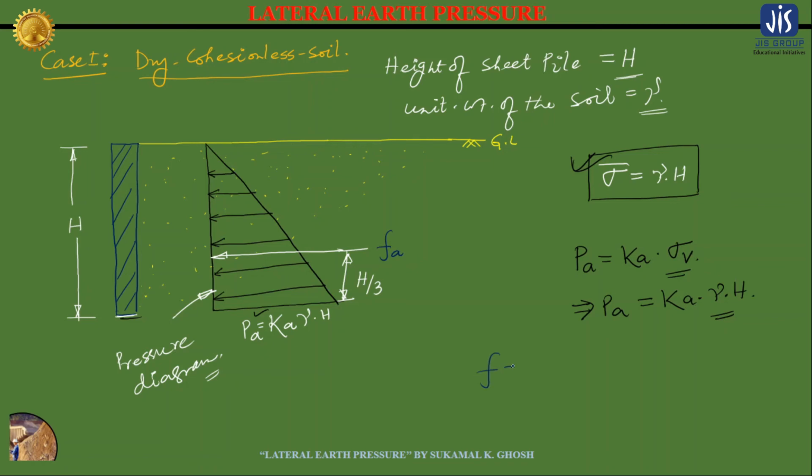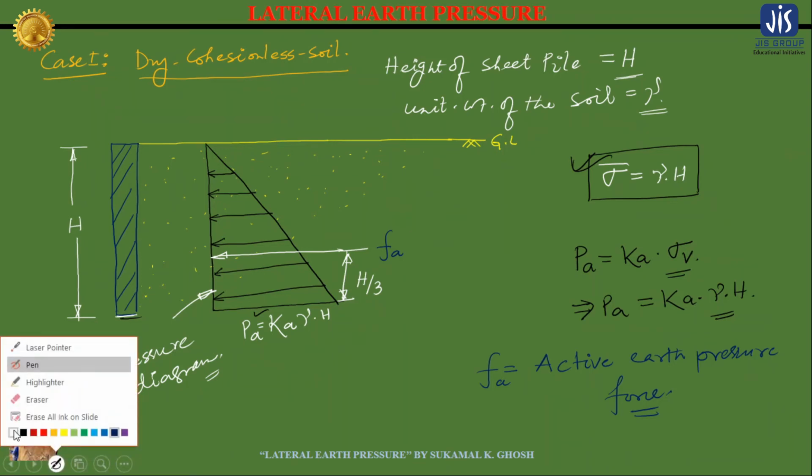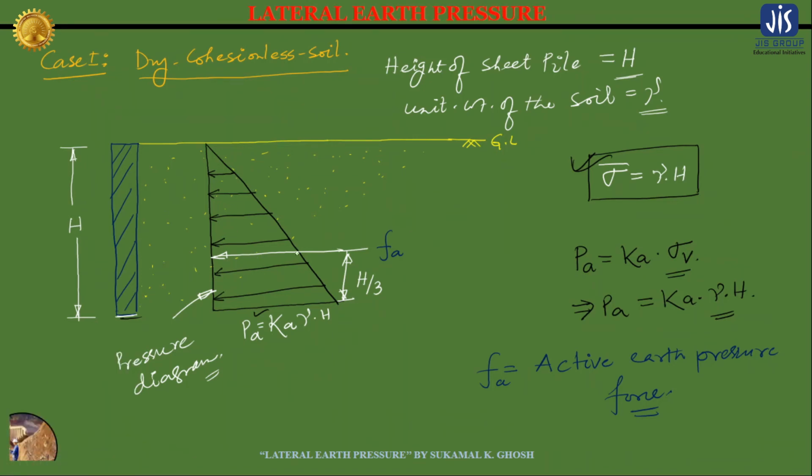Fa is the active earth pressure force. Okay. So this active earth pressure force will act at the depth of h by 3 from the base. Okay, it means this particular force Fa will act here in the sheet pile.